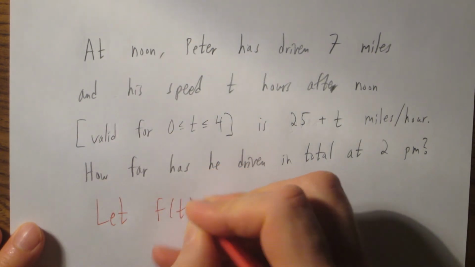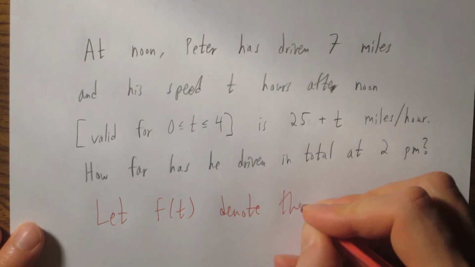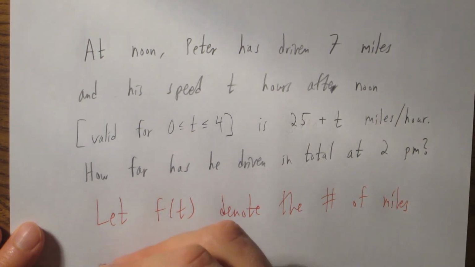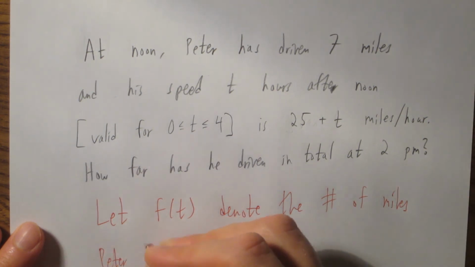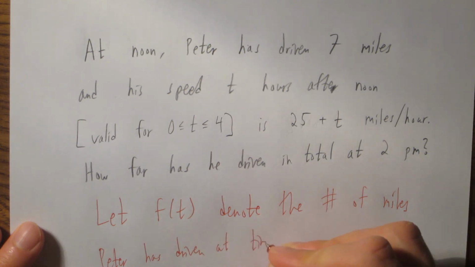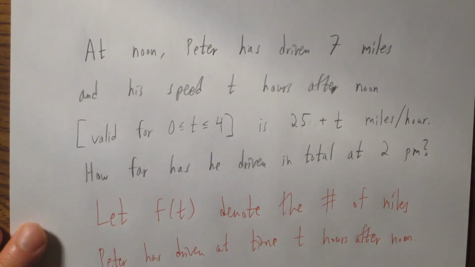Let f(t) denote the number of miles Peter has driven at time t hours after noon, because obviously if we knew f(t) as a function, we could just plug in 2 and find f of 2.